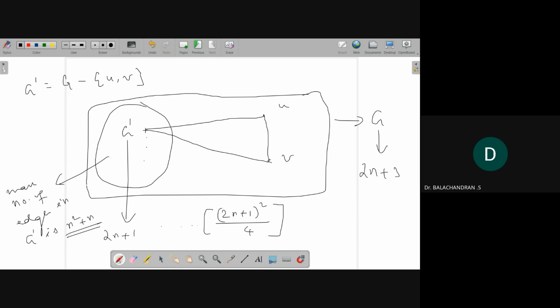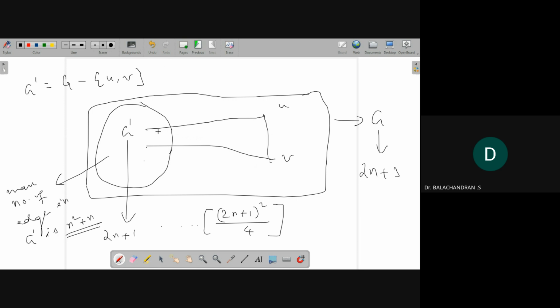So that's why if you take any vertex in G dash, either it is adjacent to U or adjacent to V, or it will not be adjacent to either of the vertices U and V. So that is their first argument. Suppose this vertex is adjacent to V, it will not be adjacent to U, because if it is adjacent to U it will form a triangle.